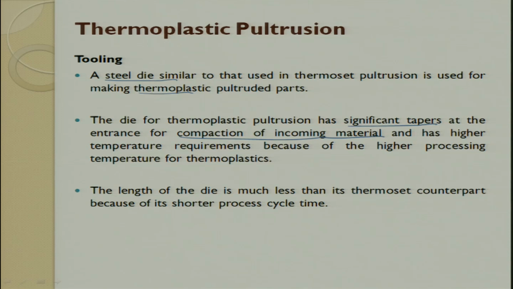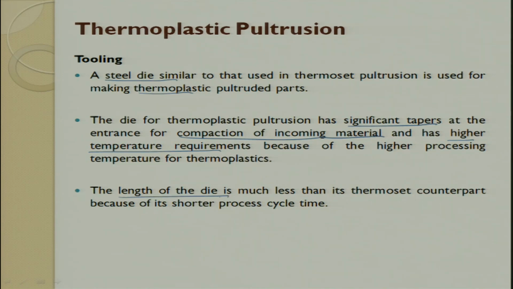And when you have a taper, just by room temperature you cannot get consolidation. We always apply the high temperature which is required for consolidation. So, these steel dies are heated, and then they are tapered, so that you get the required result.